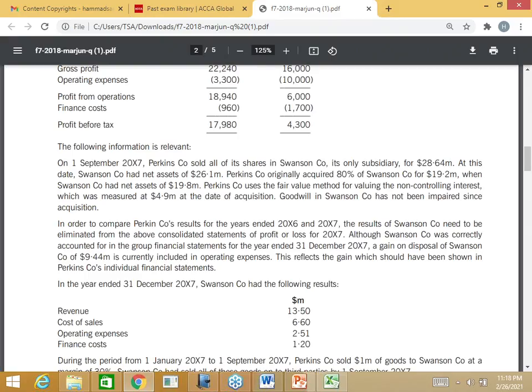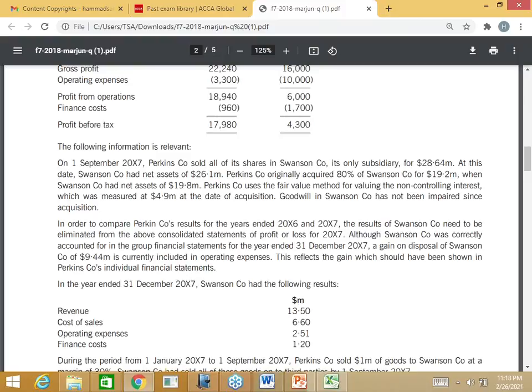Then Perkins originally acquired 80% of Swenson for 19.2 million, when Swenson had net assets of 19.8 million. And the NCI was measured at 4.9. So can we calculate the goodwill right now?